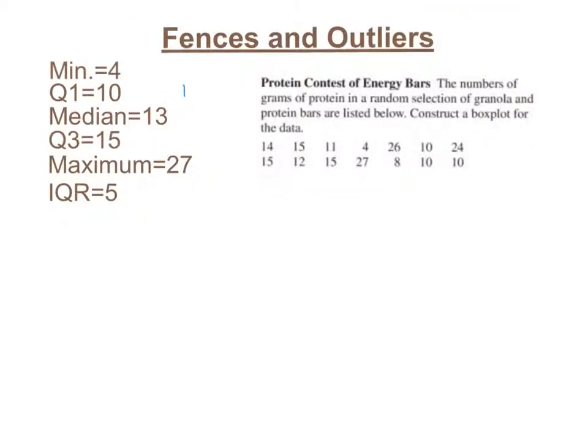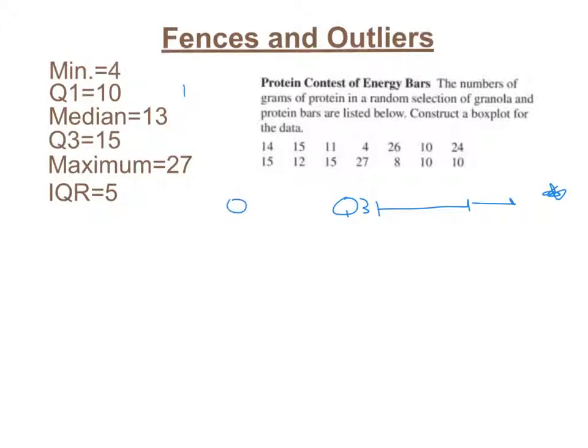Okay, so now we're going to use the same exact numbers and examples to talk about how to find fences and outliers. An outlier is anything that is outside the fence. So the way you find the fence is you figure out what the IQR is, and then you look at Q3 and you go 1 IQR and then a half more IQR. If you have a number up here, outlier.